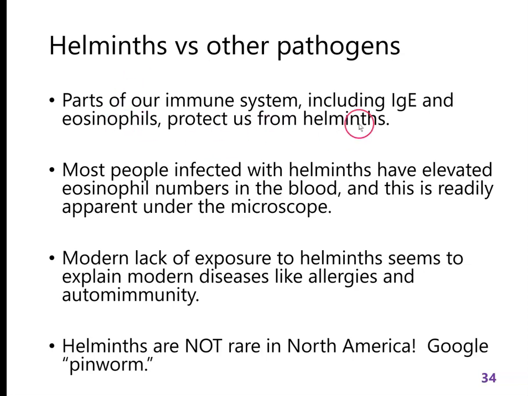But one reason we bring this up is that a person who comes into your clinic with common symptoms and signs of many different diseases, like what do they have? Well, one thing that tells you it's caused by a helminth is elevated IgE and eosinophils. So these you could just see in a blood smear. These you'd have to test for with some kind of high-tech something.